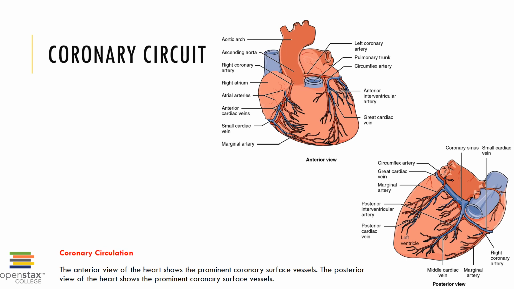Once the blood drops off oxygen to the walls of the heart, it must return to the heart chambers. Return is through veins. This would be the venous return.